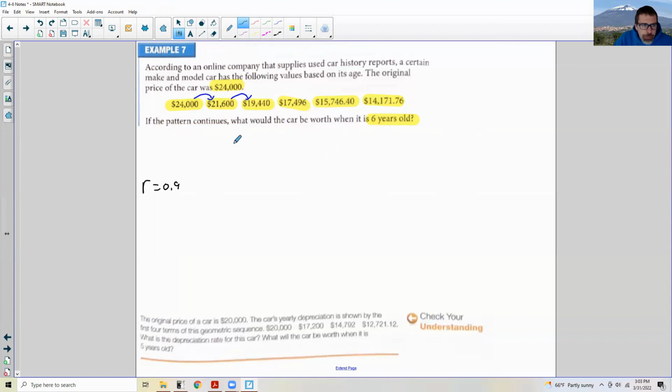So the second term, a sub 2, we call it, is going to equal the first term times R. The third term is going to equal the second term times that same R. And a sub 4, the fourth term, is going to equal the third term times R. But since a sub 2 is a sub 1 times R, we then get a sub 3 equals a sub 1 times R times another R, which equals a sub 1 times R squared.